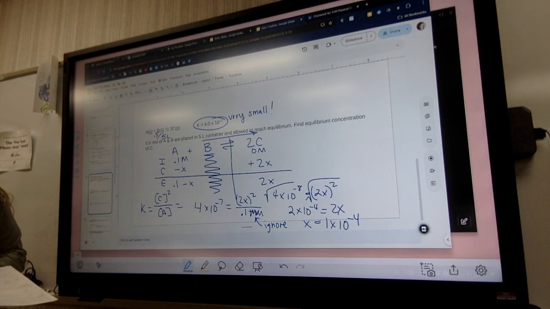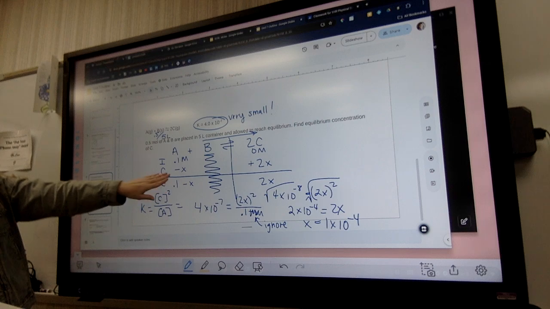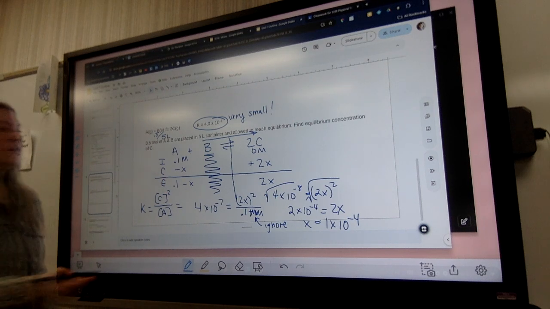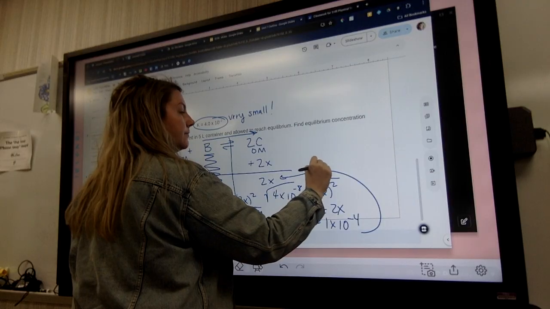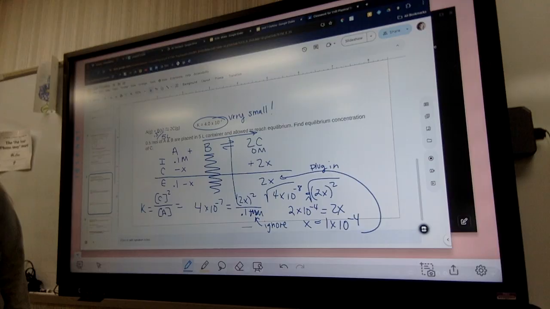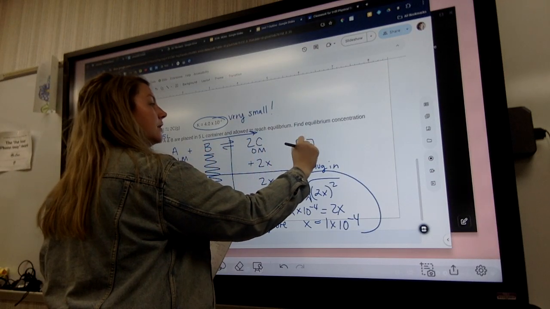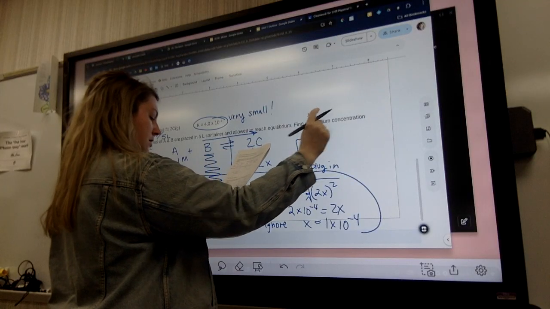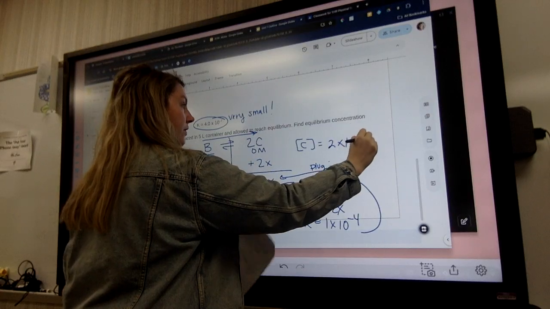That's my x, but if I look back at my problem, they just want the equilibrium concentration of C. So I don't even have to plug it into this one, which should still be about 0.1. I'm going to take this and plug it in here to get that my concentration of C is equal to 2 times 10 to the negative 4th.